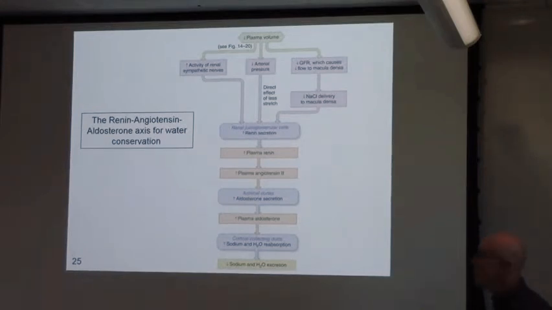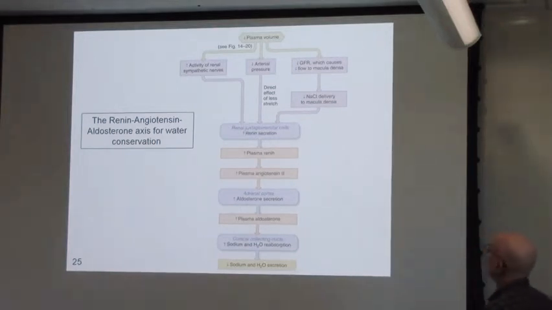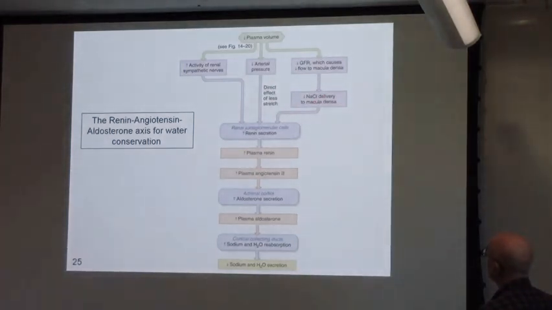So here's a flow chart of dehydration. Dehydration, low plasma volume, hypertonic fluid because you have lost water. You've sweated away water and you haven't drunk it. Low plasma volume, hypertonic. So here is the decreased delivery of fluid to the macula densa. There's renin.